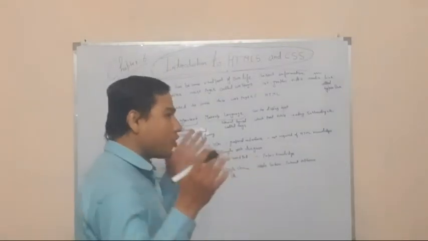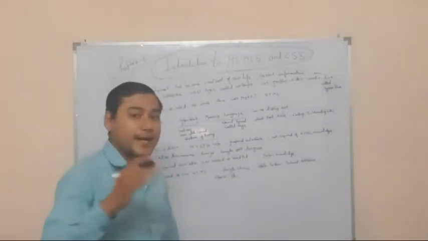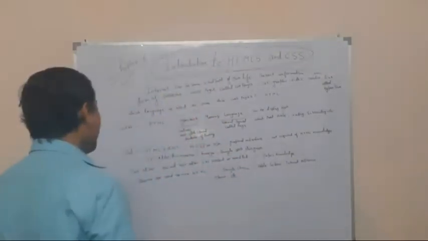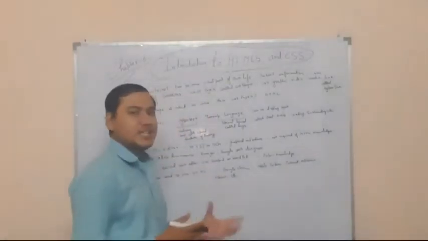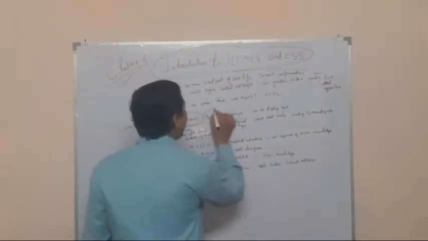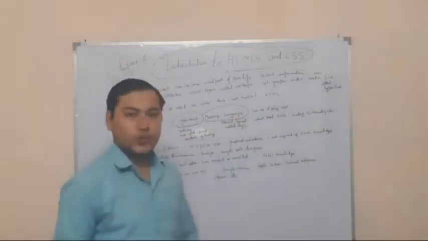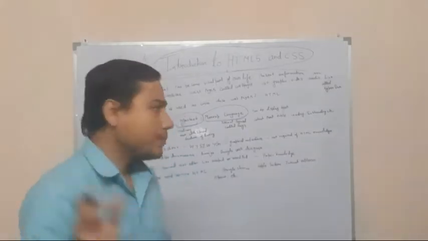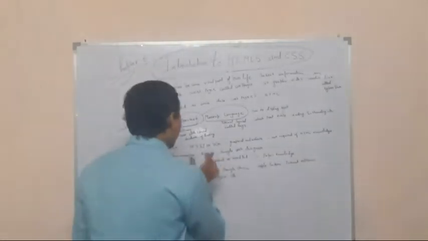Now students, you already know which language is used to write these web pages. The answer is HTML. So what is the full form of HTML? The full form of HTML is Hypertext Markup Language. When we break apart the two words, hypertext and markup language, we first have to know what hypertext is.